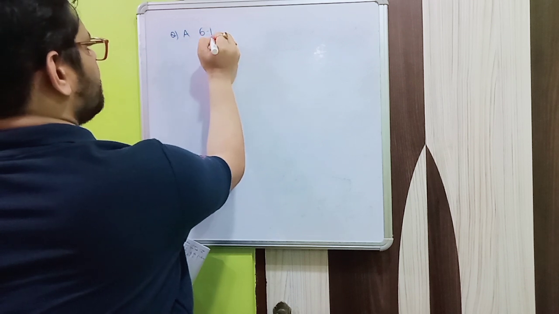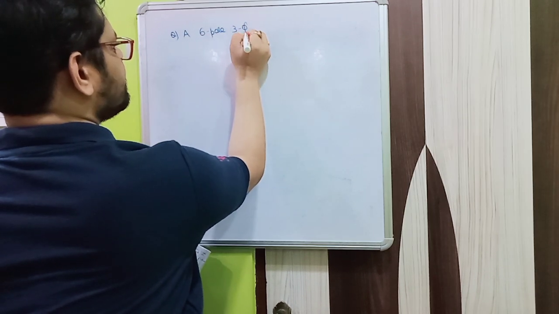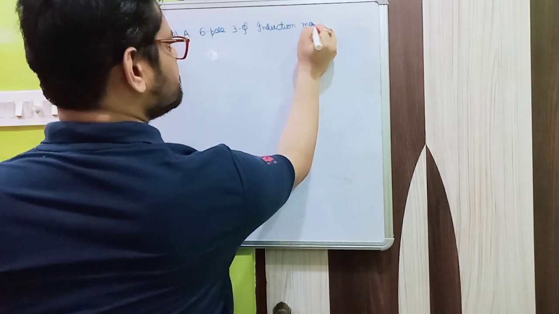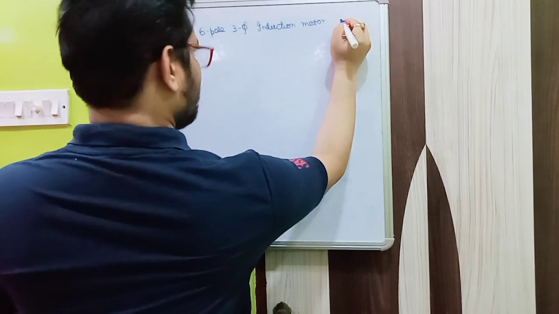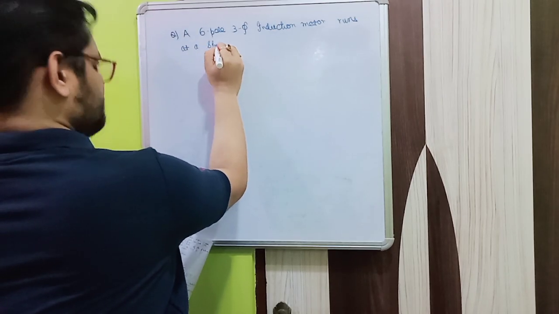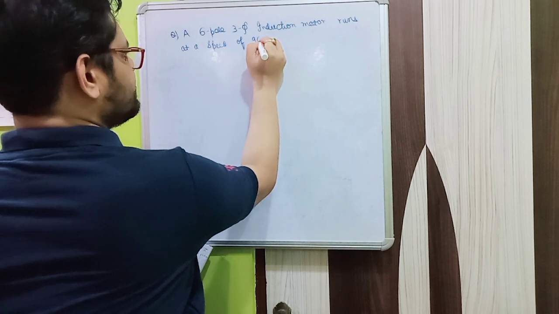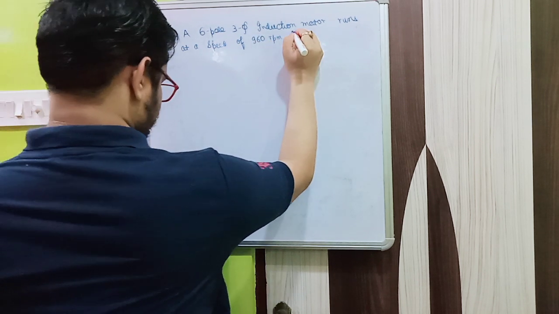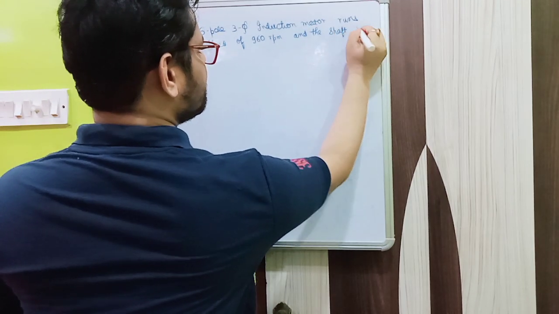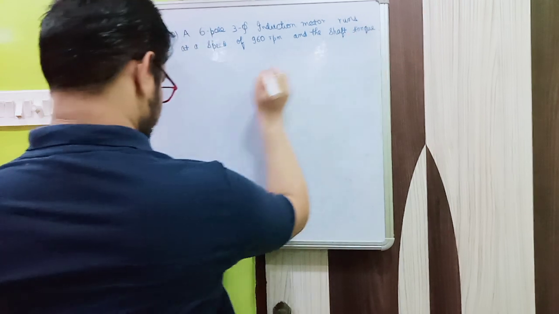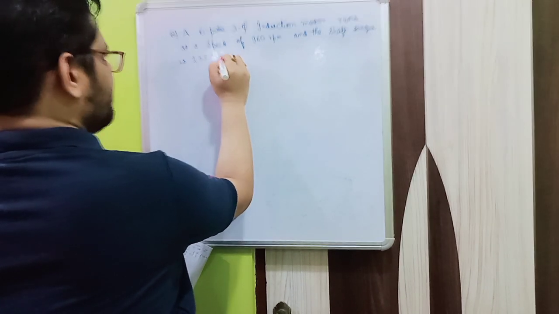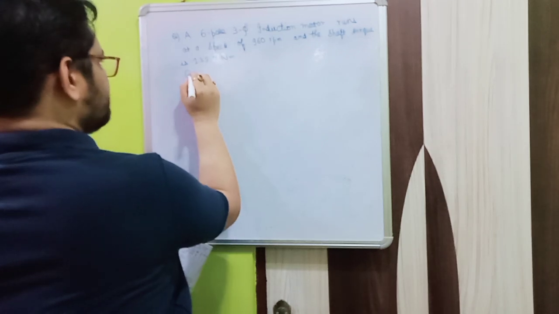A 6-pole 3-phase induction motor runs at a speed of 960 RPM, and the shaft torque is 135.7 Nm.